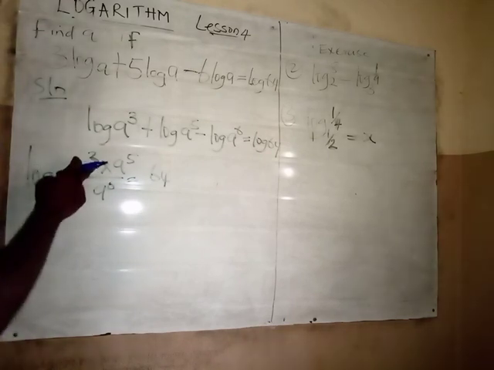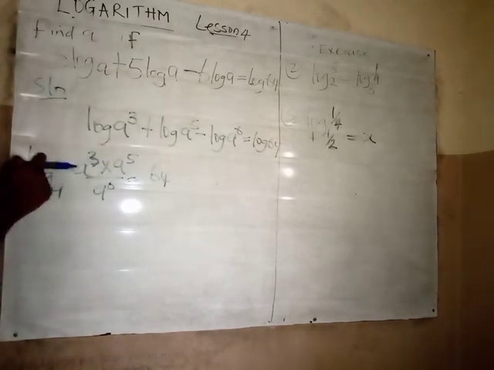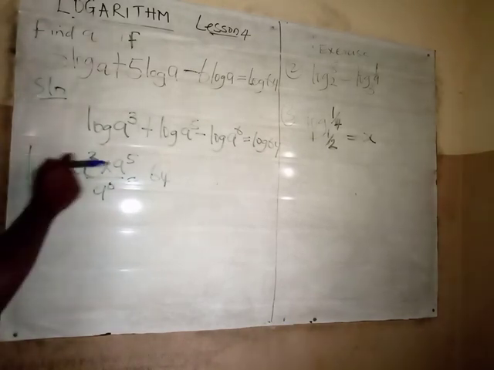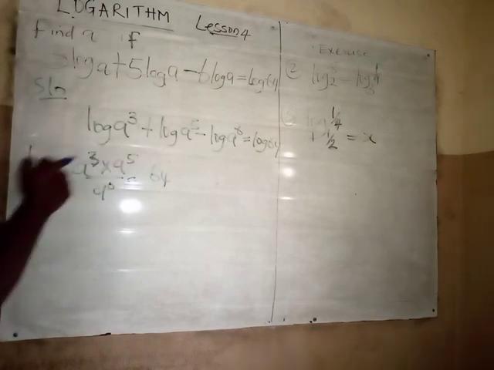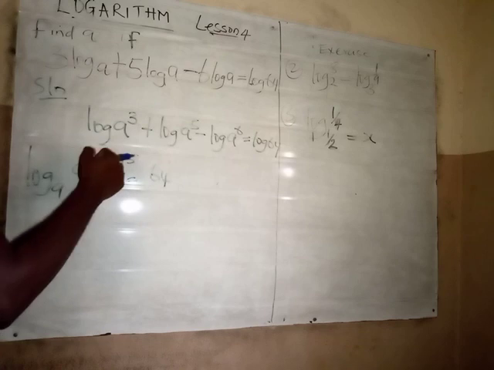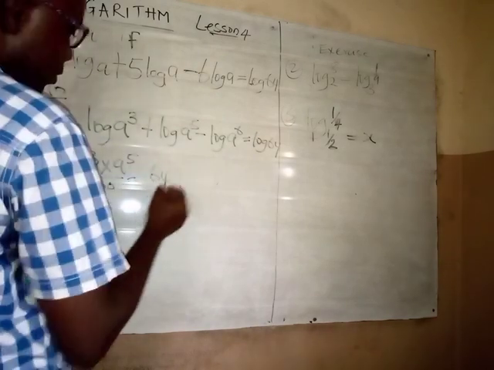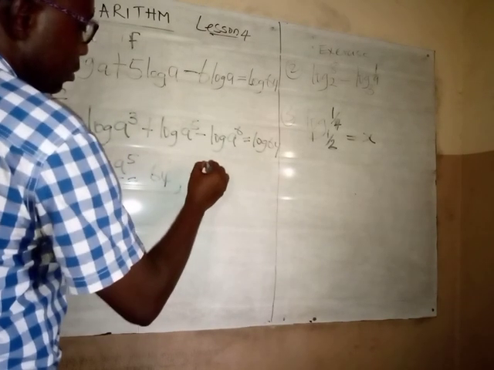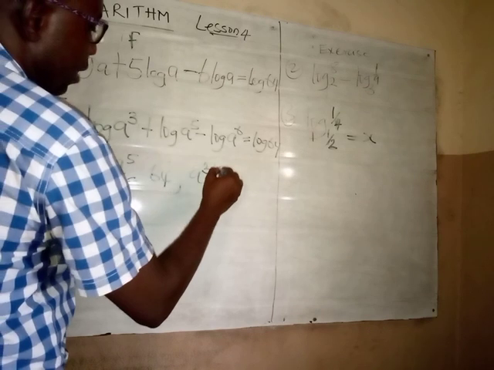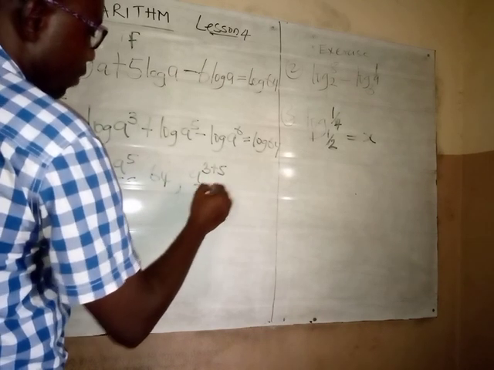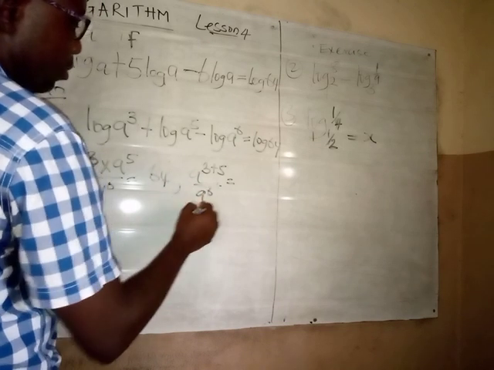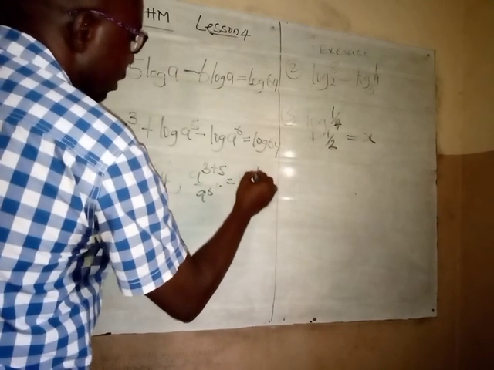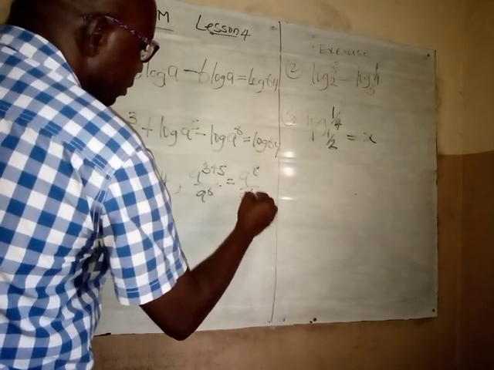And the law of indices says when you are multiplying numbers of the same base with powers, you add the powers. So what we now have is a raised to power 3 plus 5 over a raised to power 6, which will give me a raised to power 8 over a raised to power 6.